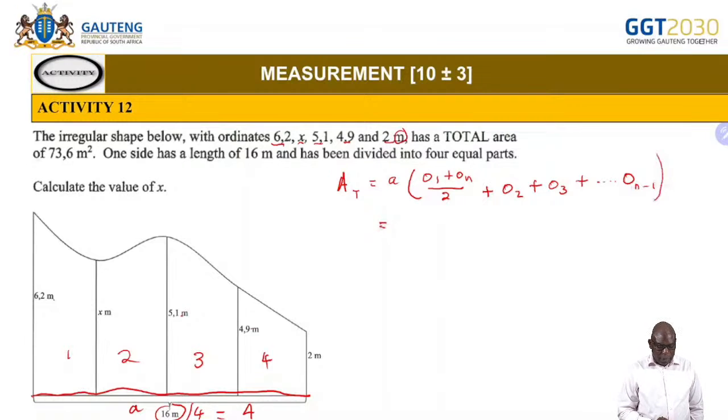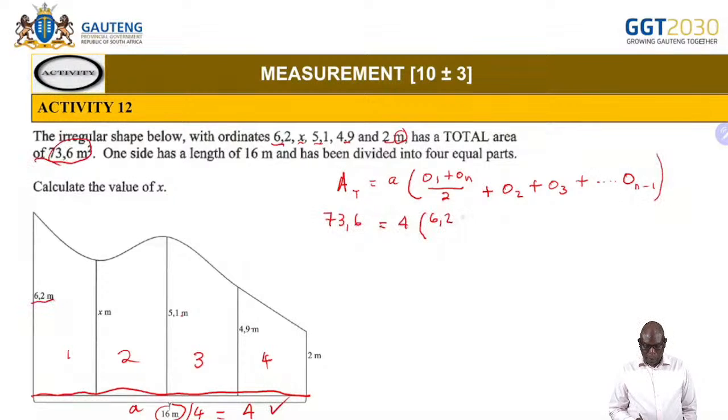First of all, the area has been given. So I'm writing the area of 73.6 square meters. That's what is given. The A, I got it there. It's 4. My O1, 6.2, plus my ON. Remember, ON is the last one.